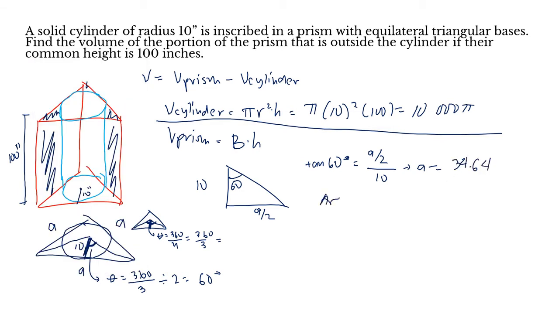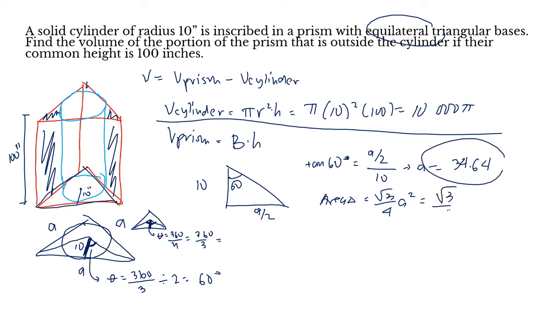So area of the triangle is square root of 3 over 4 a squared. Diba? Equilateral triangle as mentioned sa problem, that is square root of 3 over 4 a squared. So, masolve na nato ang area of the equilateral triangular base.